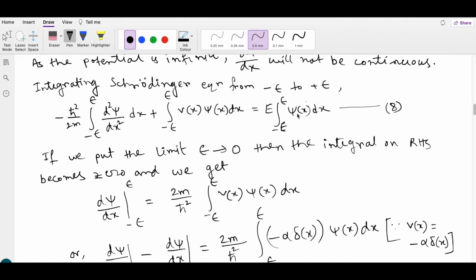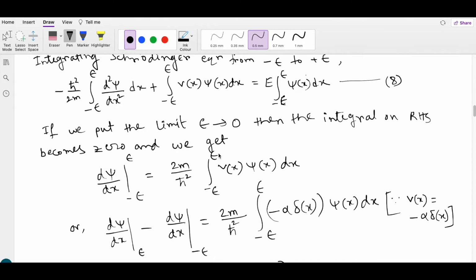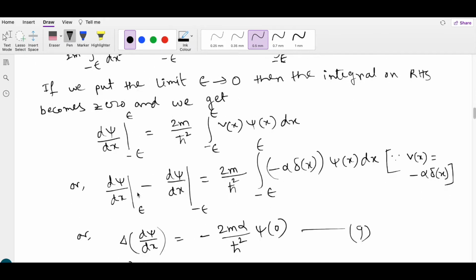So the equation becomes Δ(dψ/dx), the integration of d²ψ/dx² is just dψ/dx, with the limit from -ε to ε, equals 2m/ħ² ∫V(x)ψ dx. We are just putting the limit, and we are putting V(x) = -α δ(x).